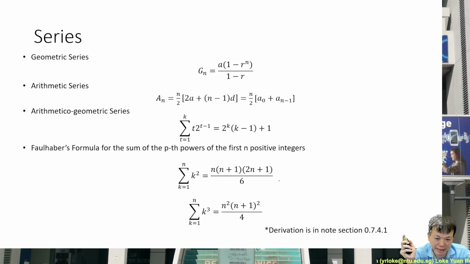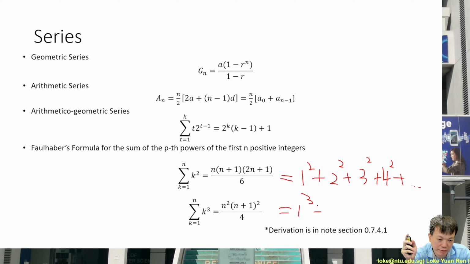Or more complicated, it can go to this one, a summation of k to the power of something. That means this is 1 square plus 2 square plus 3 square plus 4 square. The series can be in this kind of form, and so on and so forth. So this is the formula, the power of 3: 1 cubed, 2 cubed, 3 cubed, and so on and so forth.